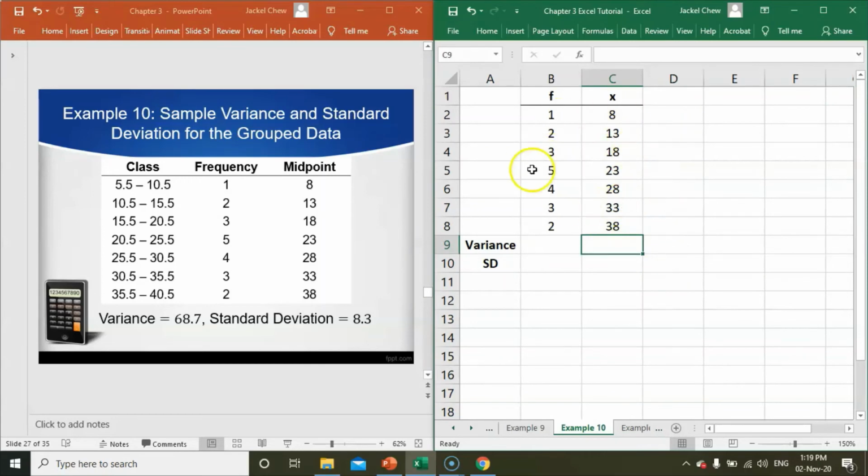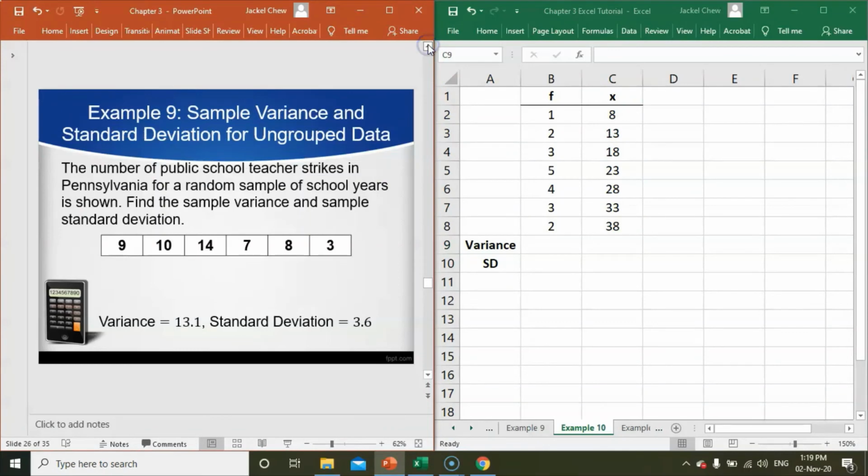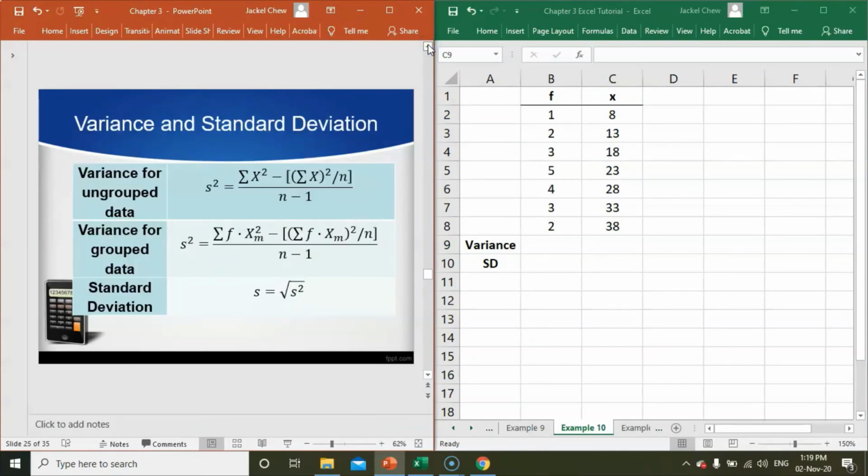Let's say I've copied the data from the slide, and then we refer back to the previous slide to see the formula. So this is the formula of variance for the grouped data. From this formula, we need to find the sum of fx square, the sum of fx and the square of it, and the n. The n is basically the total frequency.